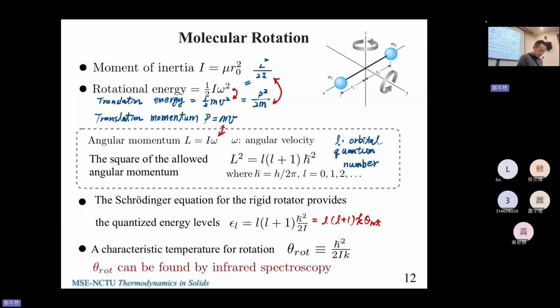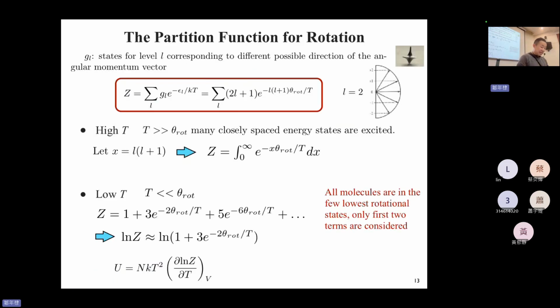So this chapter PDF 8, we just finished the energy level for each rotational energy level, right? And next, let's talk about the partition function for rotation.